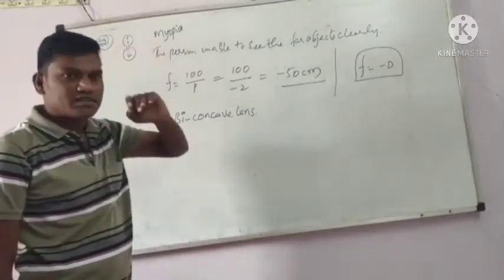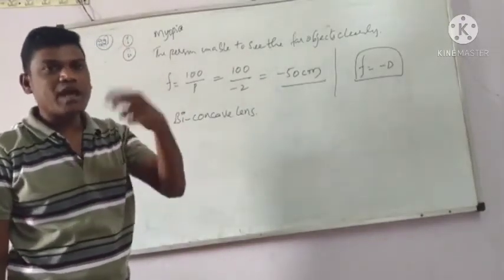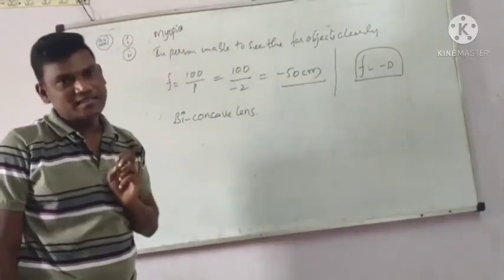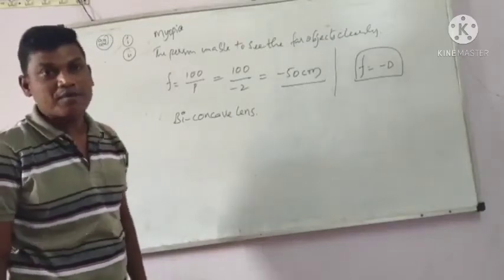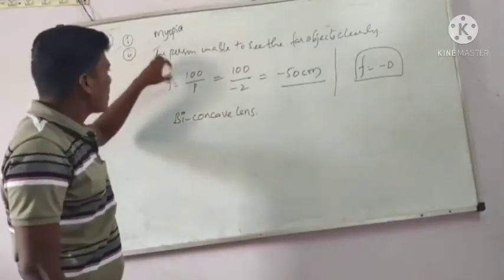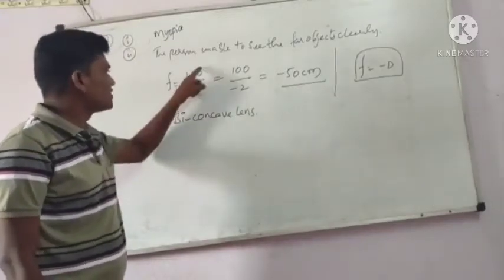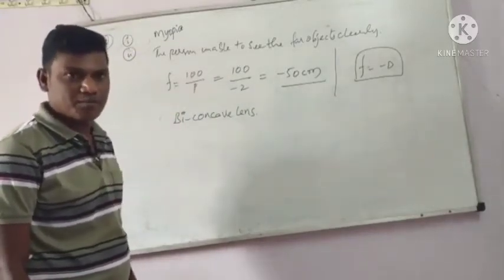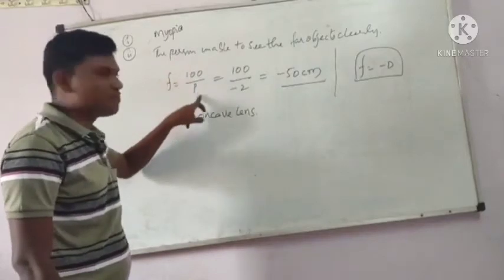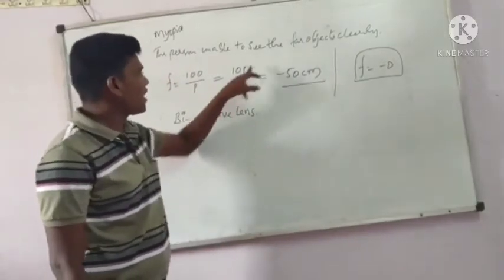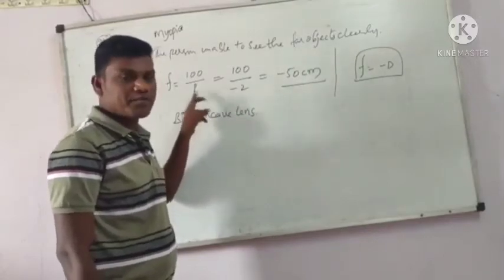So a person with minus 2D means immediately it represents myopia. Plus symbol means hypermetropia. So what is the nature and focal length of the lens? The focal length of the lens is 100 by P, that is the formula. P equals 100 by F, then F equals 100 by P. That is equal to 100 by minus 2D.